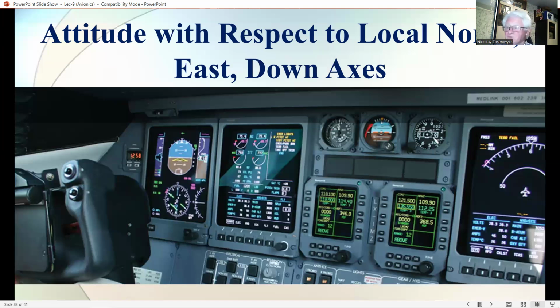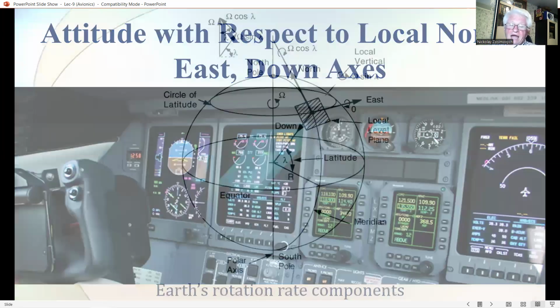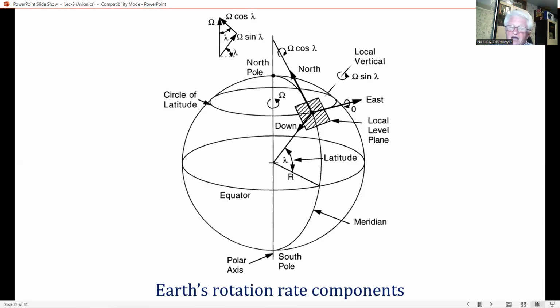There are 3 basic directional references which are used to align an AHRS or INS. First, Earth's gravitational acceleration vector.